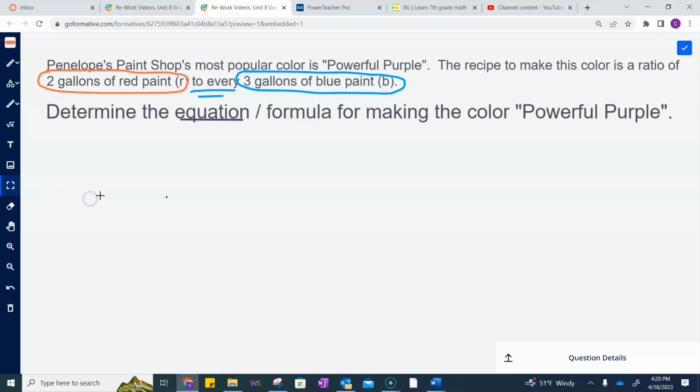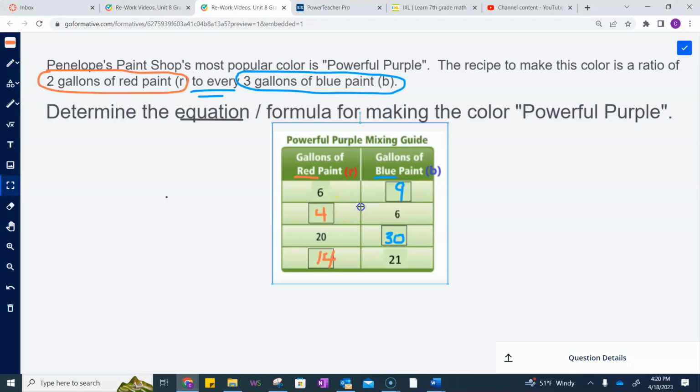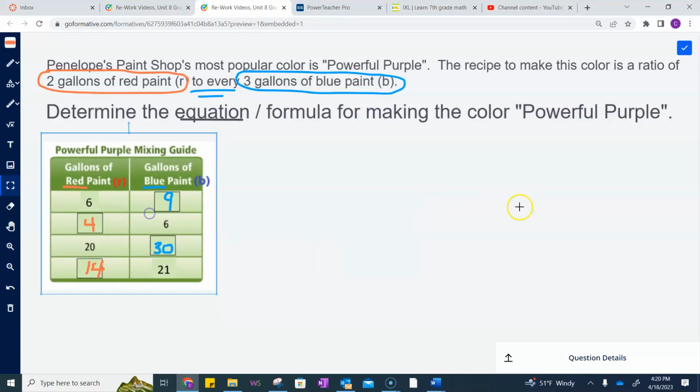Well, let's first remind you of the chart you should have completed on the previous problem. This was showing how to scale our red paint to get our blue paint using a table form.